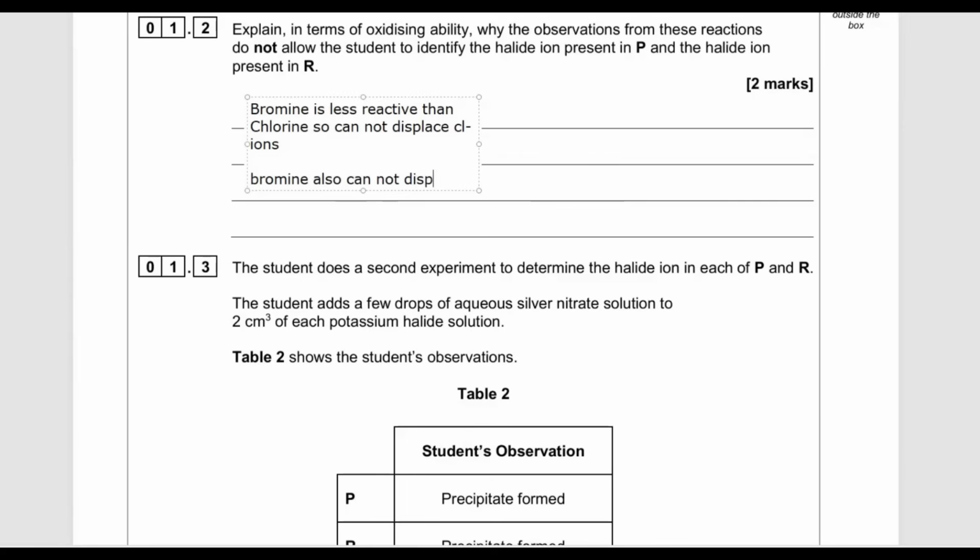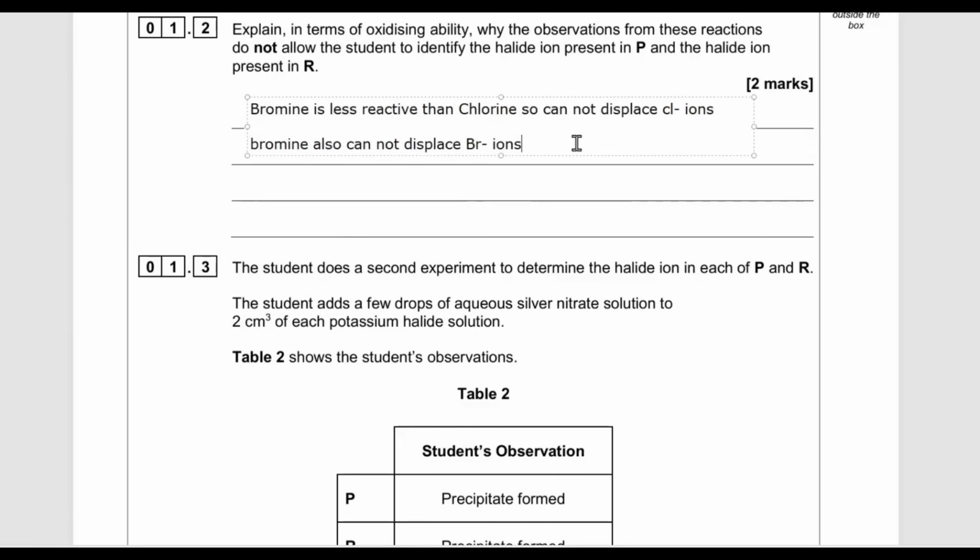So we don't know if P and R are potassium chloride or potassium bromide. We don't know which is which because it would have stayed orange with both, so we can't decide that. And that will get you 2 marks.